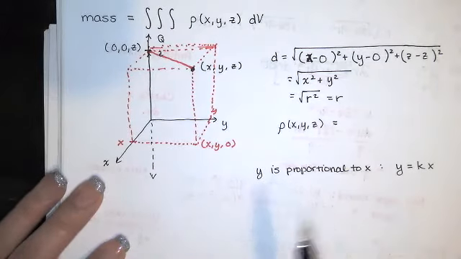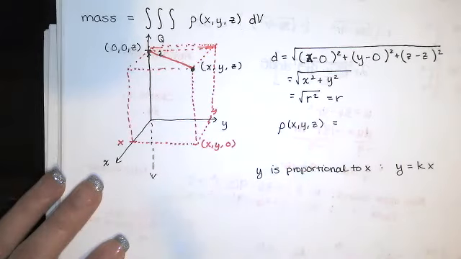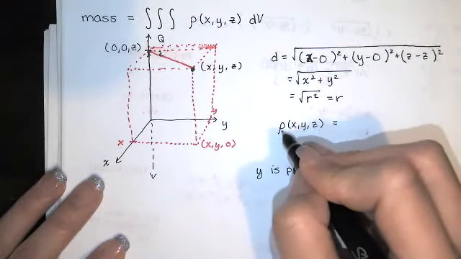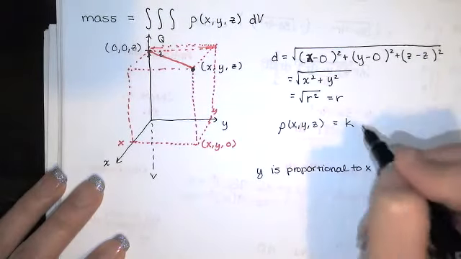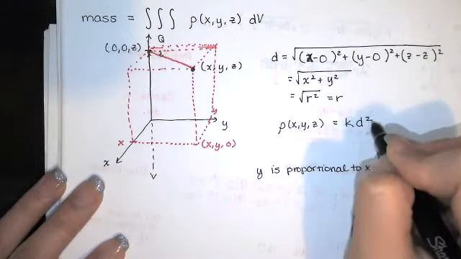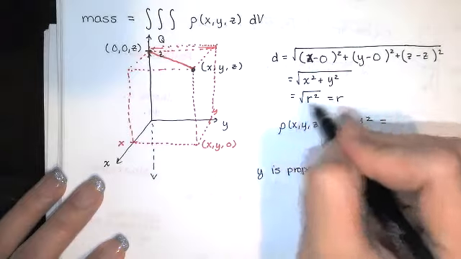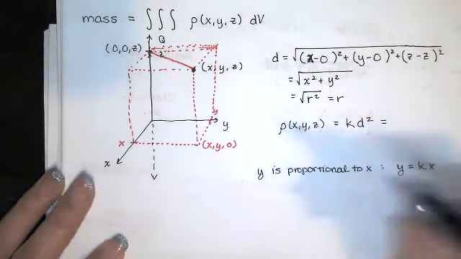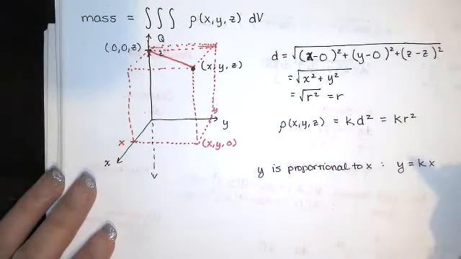So when they tell us that the density is proportional to the squared distance between that point and the z-axis, what they're saying is that this density is equal to a constant times the squared distance, that distance to the z-axis. And the distance to the z-axis is r, what we know as r in cylindrical coordinates or in polar coordinates. This is k times r squared in terms of r and theta.